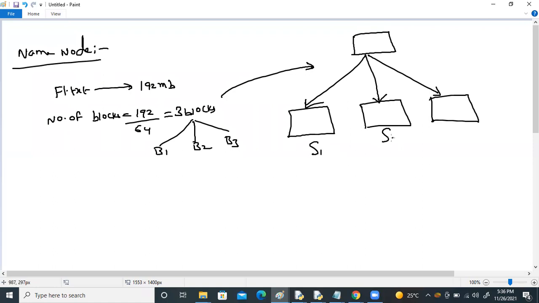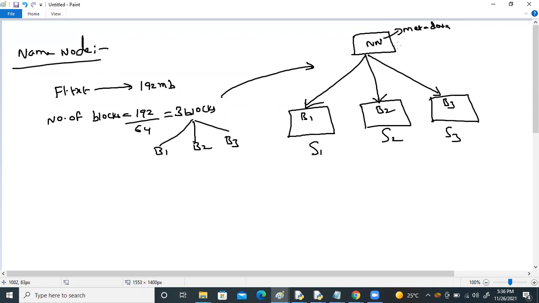Slave 1, slave 2, slave 3. B1 is stored here, B2 here, B3 here. This is the name node, which stores the metadata information, data about data.